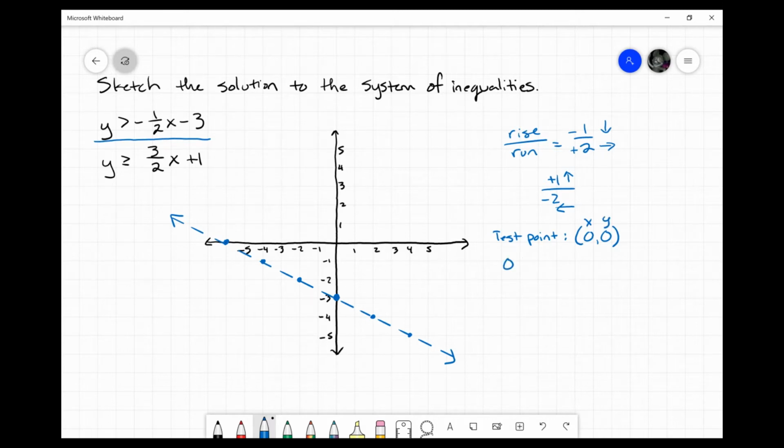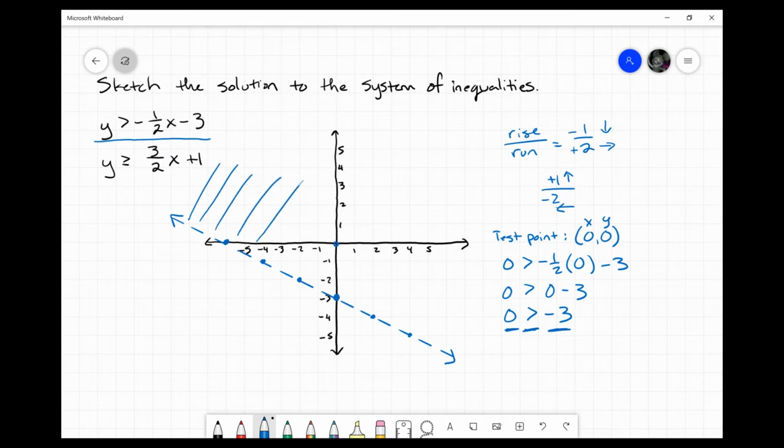So it will be 0 is greater than -1/2 times 0 minus 3. So -1/2 times 0 is 0. And so I am checking to see, is 0 bigger than -3? Yes, 0 is greater than -3, which means our test point works.